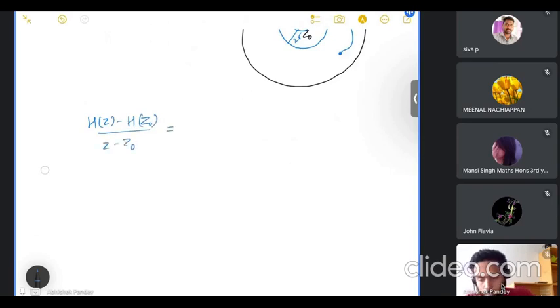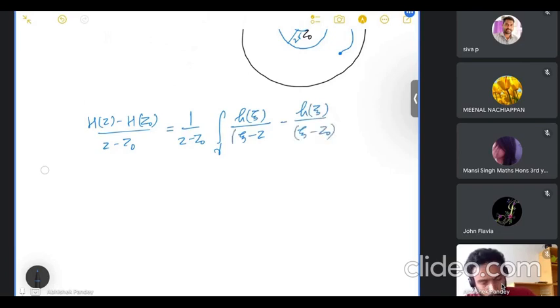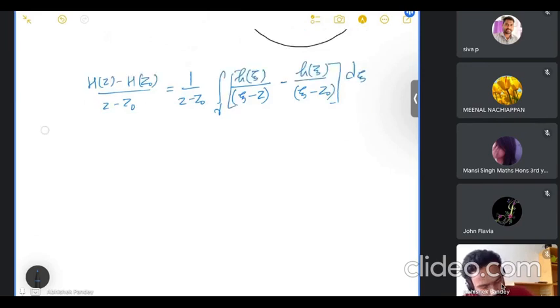According to the definition, this is 1 upon z minus z naught times the integral over gamma of h of xi upon (xi minus z) minus h of xi upon (xi minus z naught) d xi.